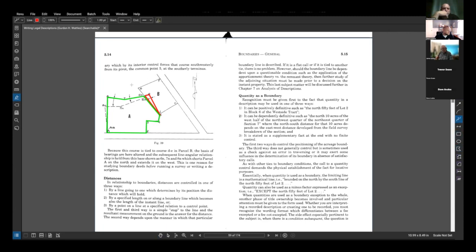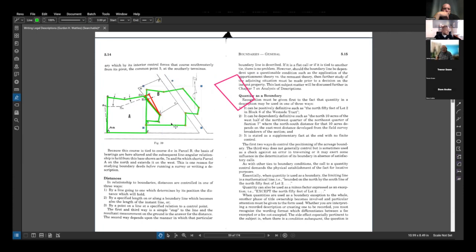And this is a little bit more complicated than just whacking it off whenever it goes across. Here, you've got to adjust the lines to meet the actual boundary that's out there.